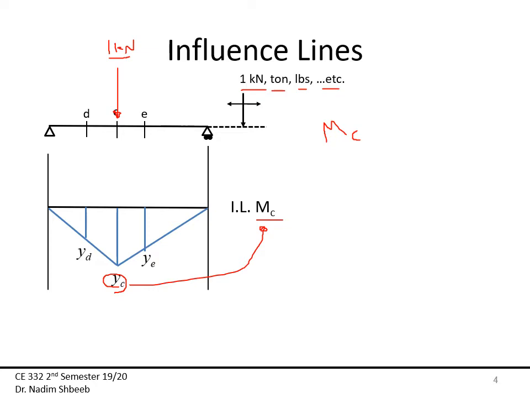So what happens if now my load is at point D? So forget this now. Forget this and forget that. So now my load, my 1 kilonewton, is at point D. Still, I'm looking at the influence line for the moment at C. So what this is telling me is, go find your reaction while this kilonewton is at point D, and then calculate the moment at C. So you will take a section at C due to this load here.